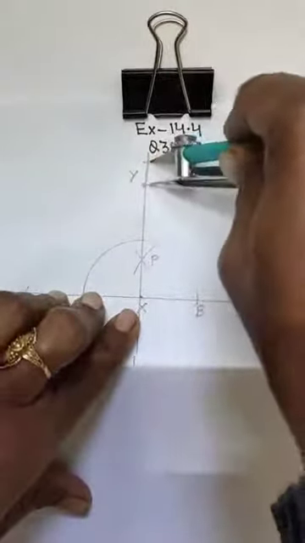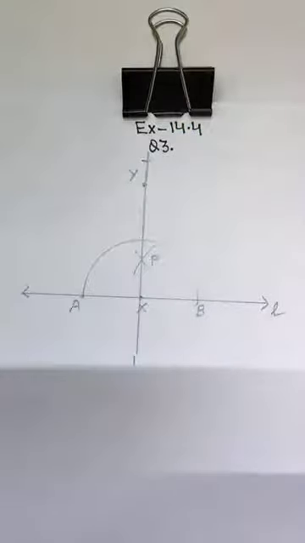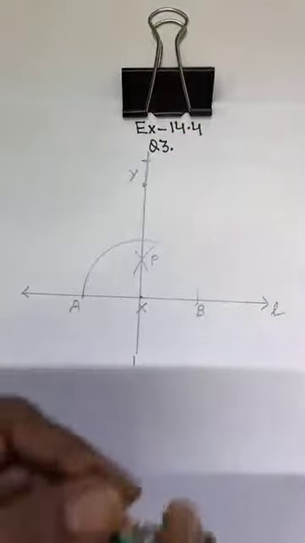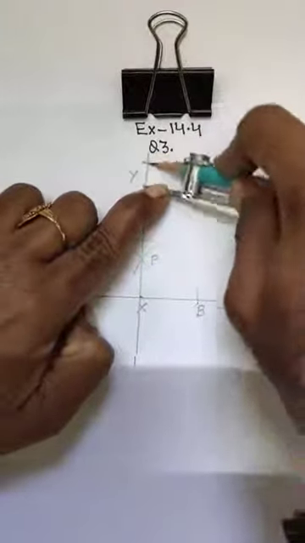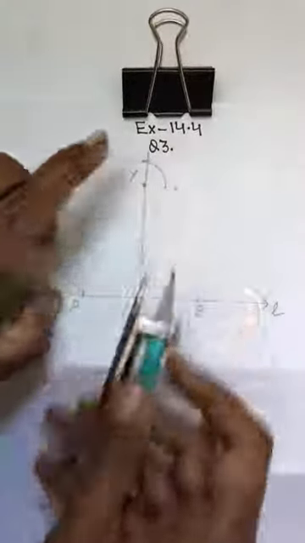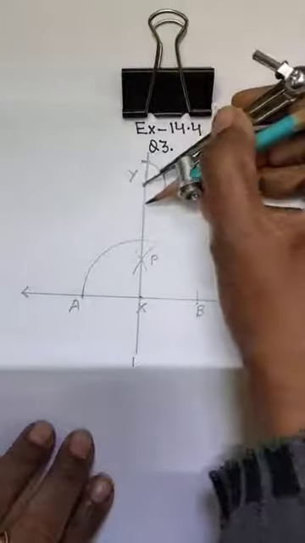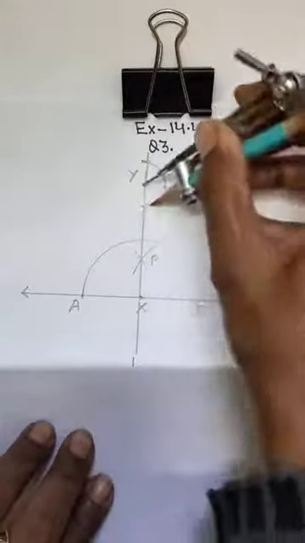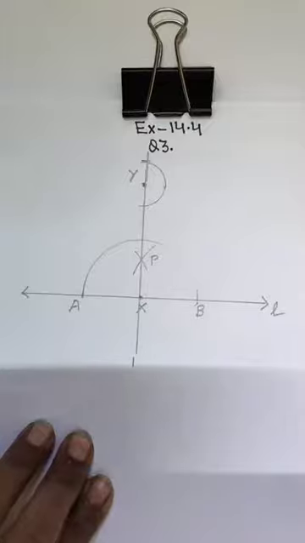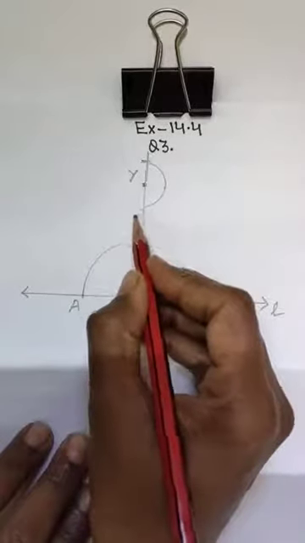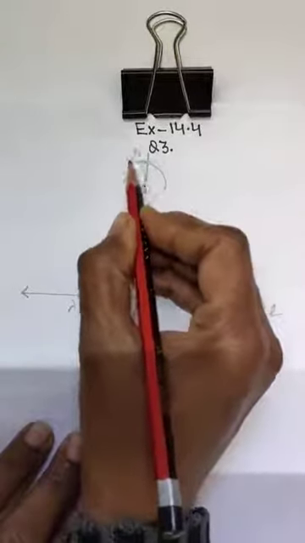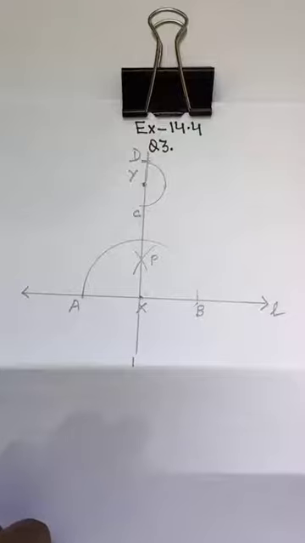Now place your compass on Y. Draw one arc in such a way that it will cut XY at 2 points. One is here and one here. Okay. 2 points पे cut किया. Give it name CD. Open your compass.